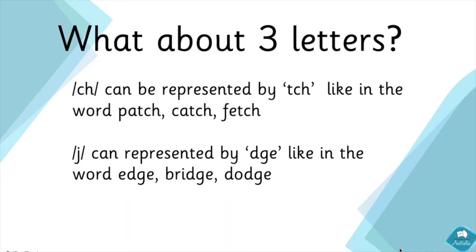That j sound is spelt DGE when it follows a short vowel. These are actually called trigraphs. Now you can already see that trigraph, T-R-I, is actually representing the meaning of three things written down.